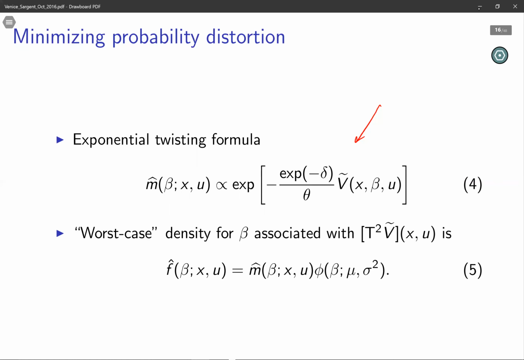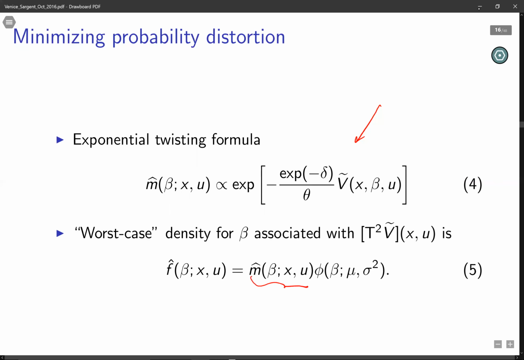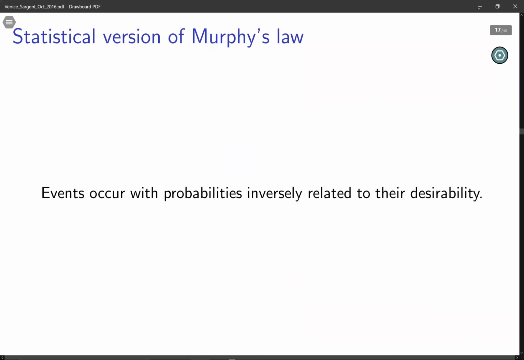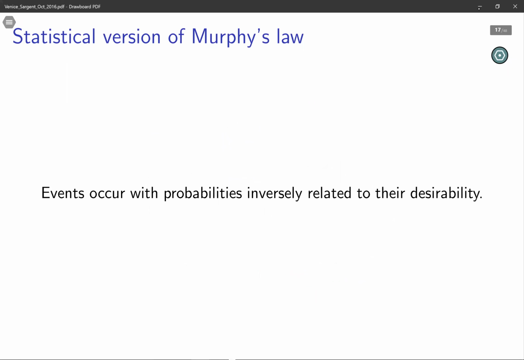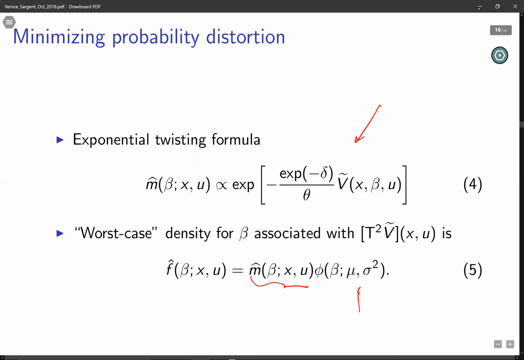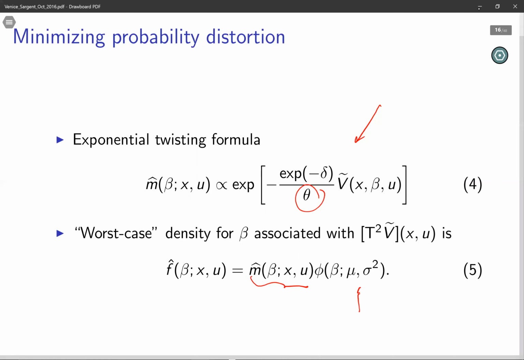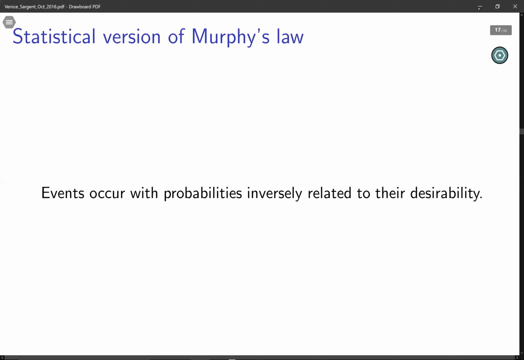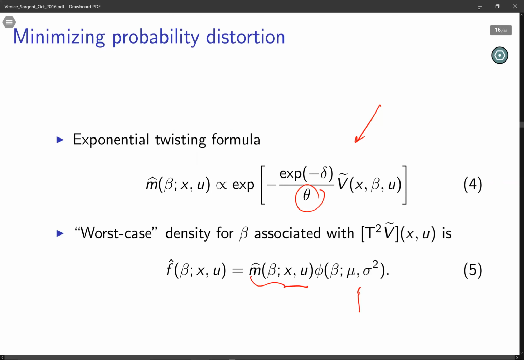So our worst case density is just given by this worst case distortion times the original density. And this distortion is a statistical version of Murphy's law. Events occur with probabilities inversely related to their desirability, and this parameter theta controls how much you exponentially twist. It's a really nice formula. You see things like this all over large deviations theory.